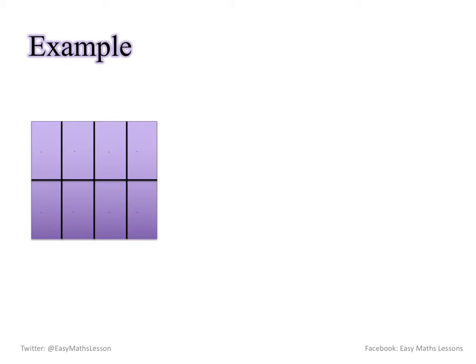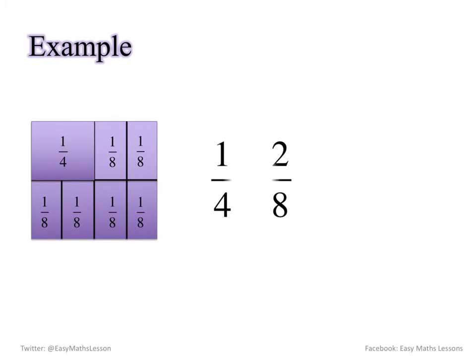I now have eighths. So each of these little squares is now equal to 1/8. And I can now see that if I take 2/8, then that is exactly the same as 1/4. So 2/8 will be equal or equivalent to 1/4.